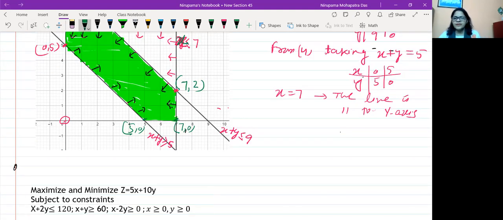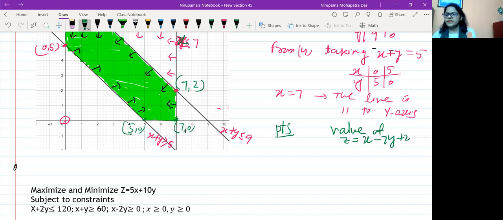Now let me write the points and the value of z. Here z is x minus 7y plus 227.